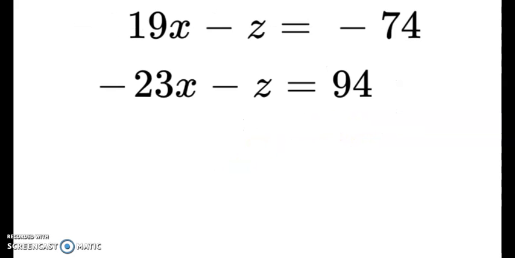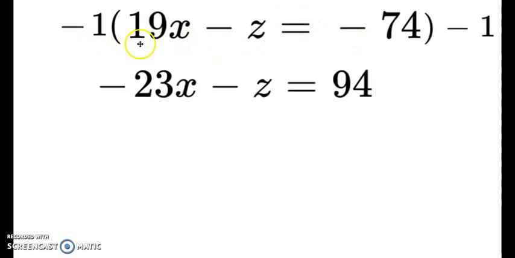Bringing back that first one, it's going to be easier in this one to eliminate the z's. So I'm going to multiply the top equation by -1 so that this one will be positive and this one will remain negative. Doing that on top just changes the sign.